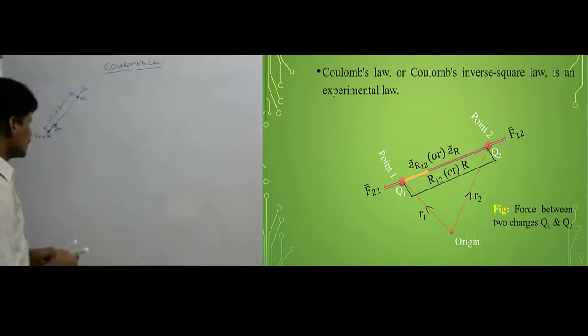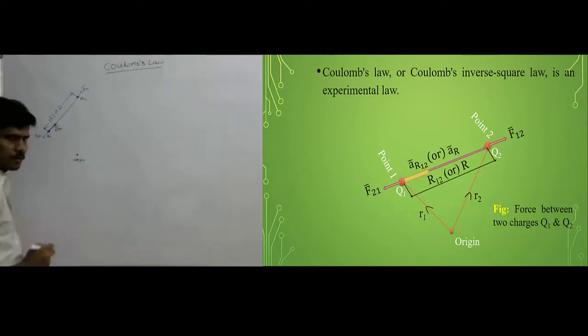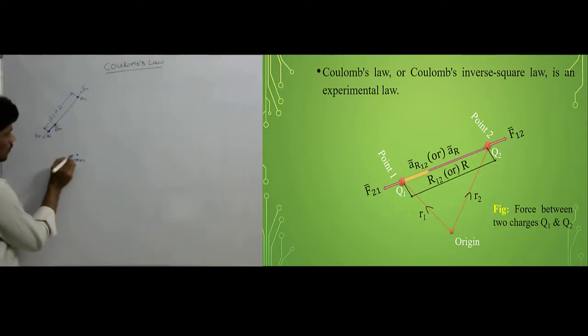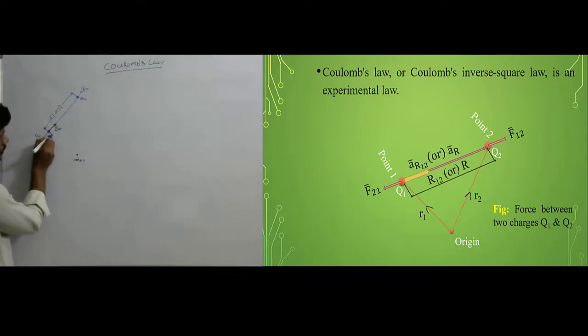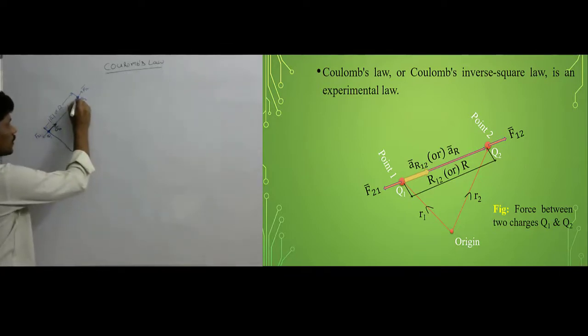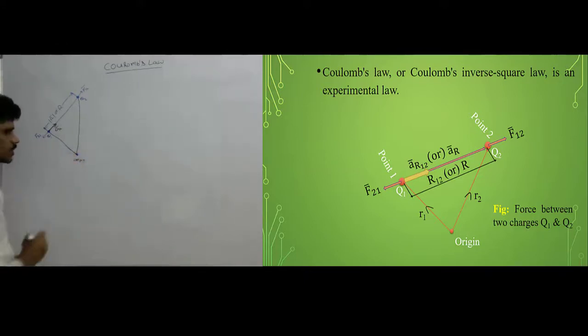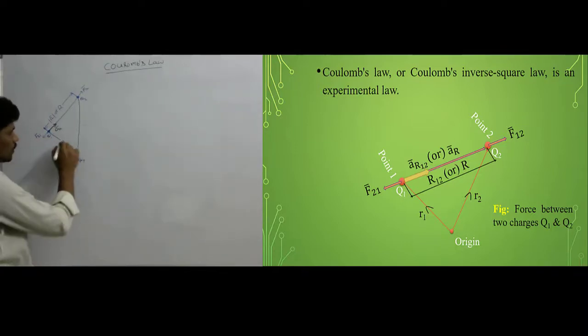Consider another point, the origin. Draw the vector line from the origin to point charge Q1 and from the origin to point charge Q2.